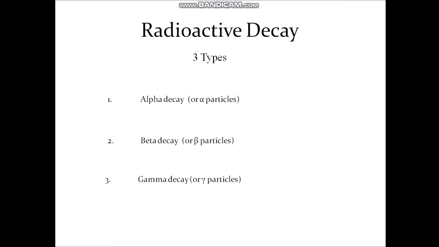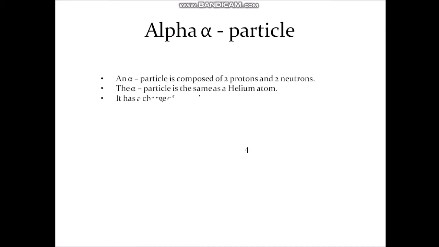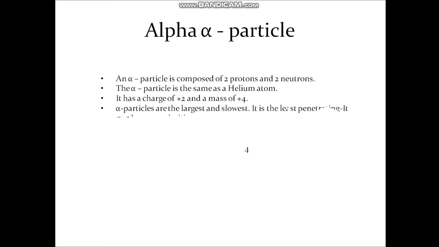Now, let's look in detail at the alpha particle. What is the alpha particle? An alpha particle is composed of two protons and two neutrons. It is the same as a helium atom, because it is composed of two protons and two neutrons.